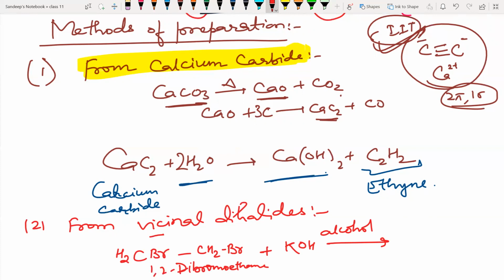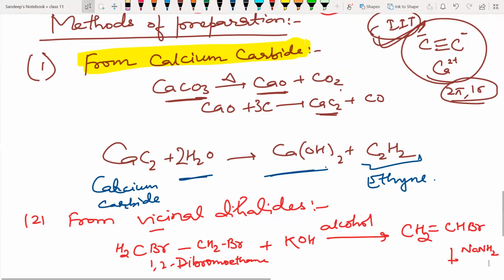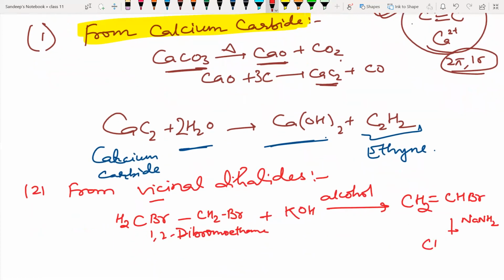It is called a dehydrohalogenation reaction. Now this is treated with sodium amide. When it is treated with sodium amide, it forms ethyne. So here sodium takes away bromine and NH2 takes away hydrogen. So it forms ethyne, which is our product here.